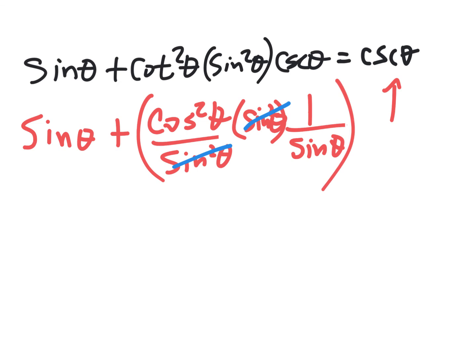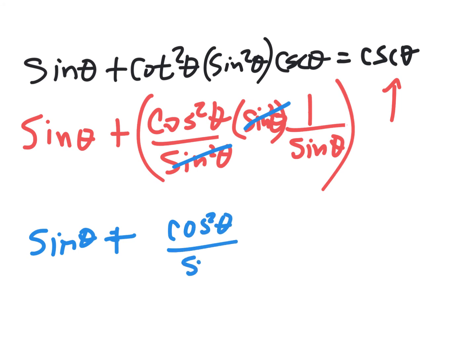Okay, and now I've got sine plus cosine squared over sine. I'd better write this. Now I have another way we could have done this, which I think would have been easier, but I'm going to go with this. We know this has to simplify down to cosecant.